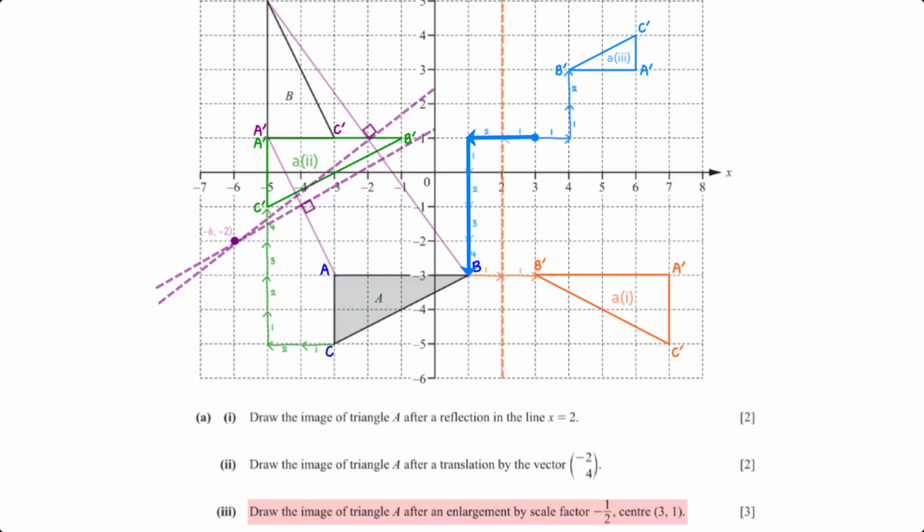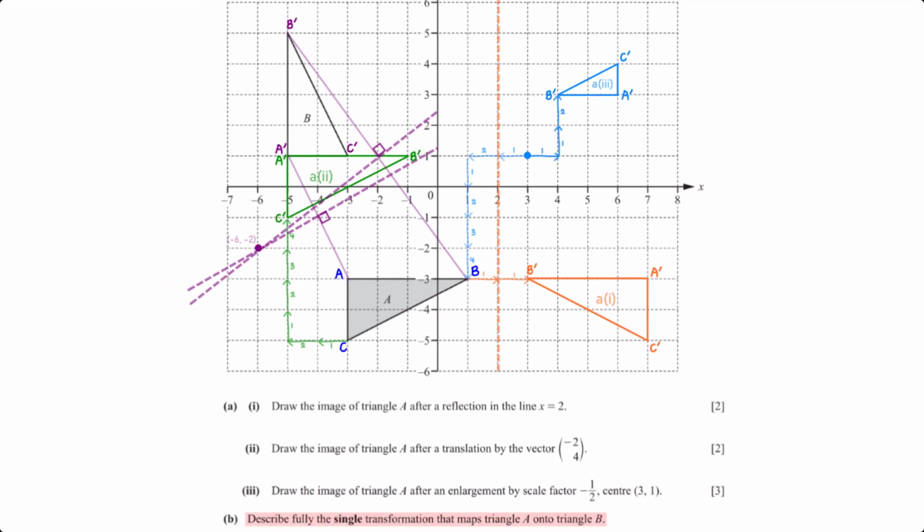Since the scale factor is half, we move half the number we moved initially. So to pin the new position of point B, we are going to move 1 unit to the right and 2 units upwards. After repeating the same process for all the vertices on triangle A, we are now able to map out the enlarged image of triangle A.